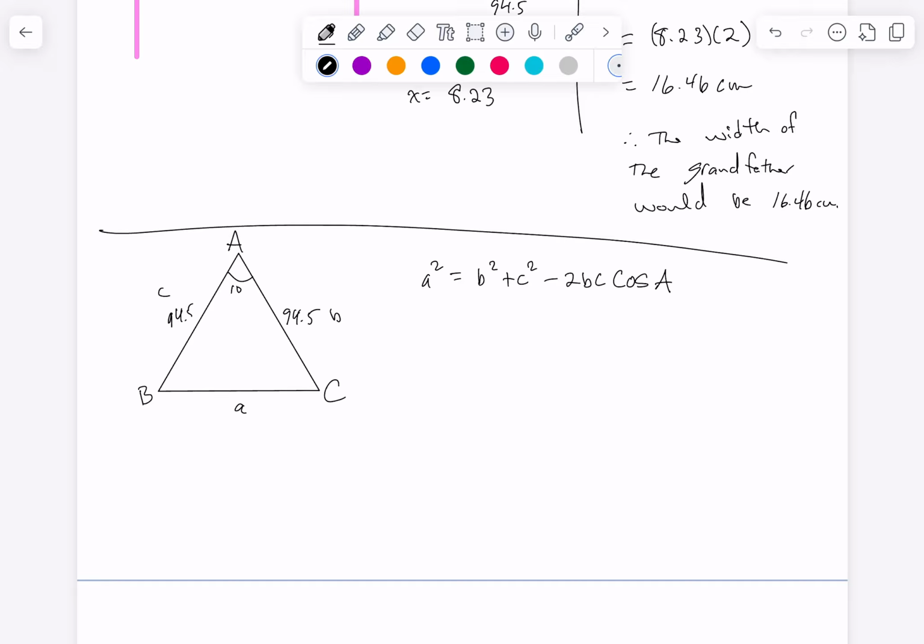And so you can input all that information and solve for A. Where A is the thing you want to know, so A squared, B squared would have been the 94.5 squared plus 94.5 squared minus 2 times 94.5 times 94.5, and then cosine of 10. And if you typed all that in, you would have gotten 16.46 centimeters.